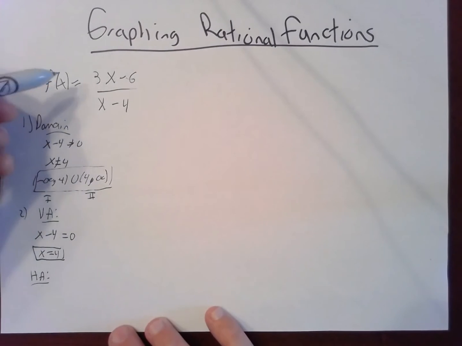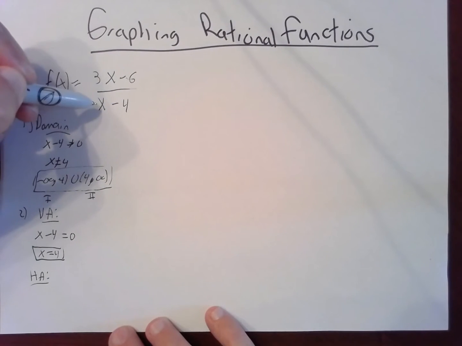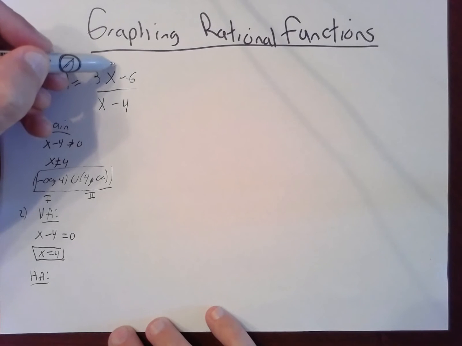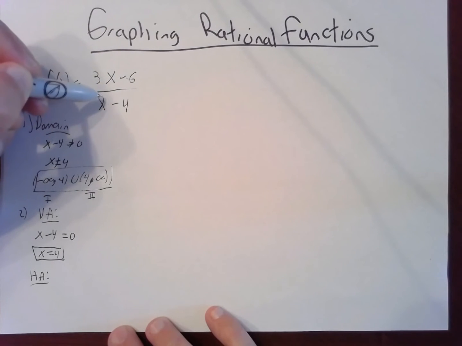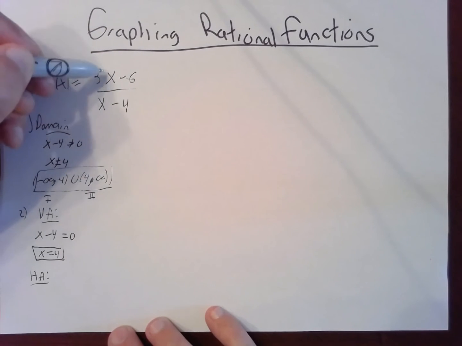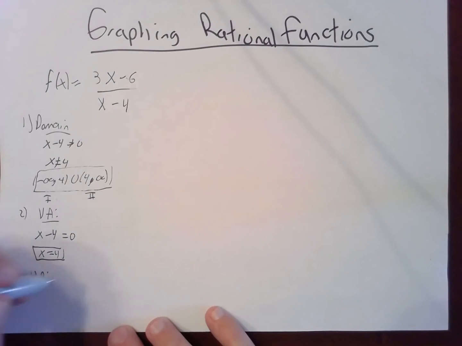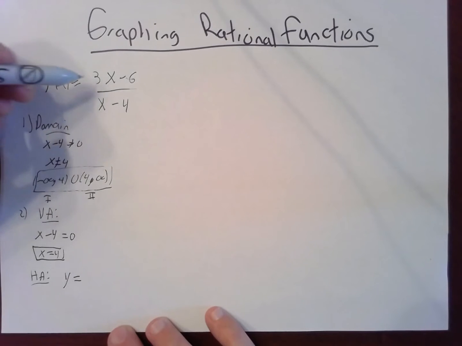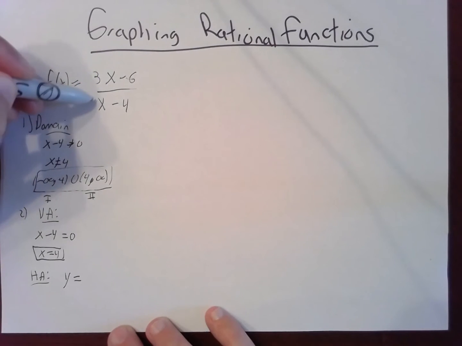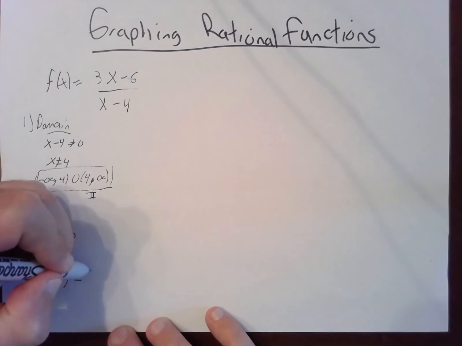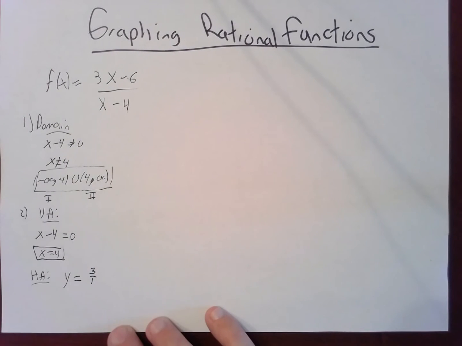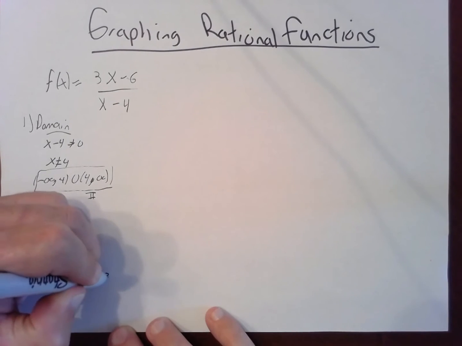For horizontal asymptotes, I look at the degrees. The degree of the top is 1. Degree of the bottom is 1. It's the same degree. So the horizontal asymptote is y equals the ratio of leading coefficients. I take my coefficients here, 3 and 1, and make a fraction out of them. 3 over 1, which of course is just 3.